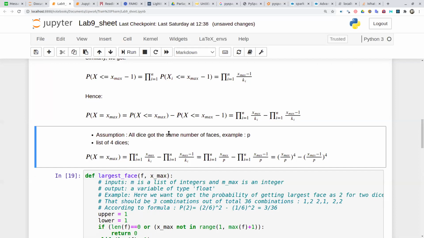I took the example where we got a certain number of dice. We got 4 dice with exactly P faces, for example, 6 faces if you want.